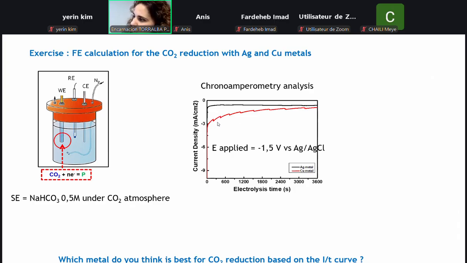So I obtain more current with copper than with silver. If I show you this and I ask which is best between copper and silver to do my reaction, if you see the current produced by copper and silver, which metal do you think is the best?